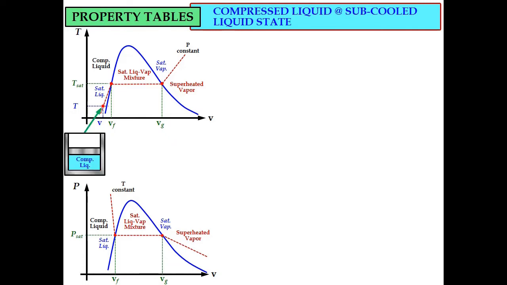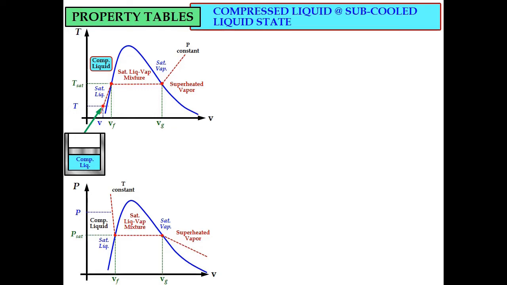At this state, in terms of phase, for example, this schematic diagram shows a piston cylinder device. The substance inside the cylinder will be compressed liquid, which means the phase will be 100% liquid. So the region involved in this kind of state is what we call compressed liquid. However, if we refer to the PV diagram, the criterion for the compressed liquid is that the given pressure must be greater than the saturated pressure at constant temperature.